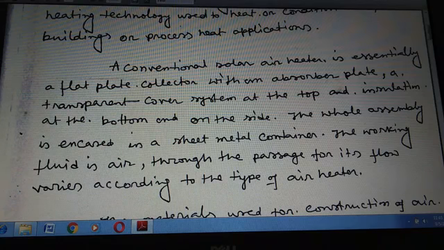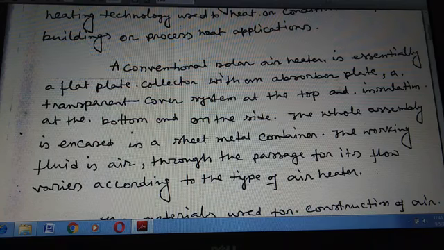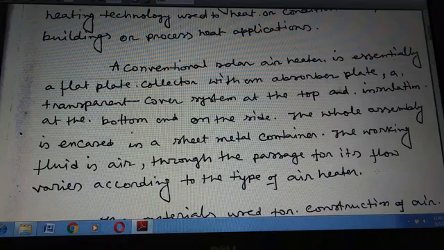The whole assembly is enclosed in a steel metal container. The working fluid is air, and the passage for its flow varies according to the type of air heater.